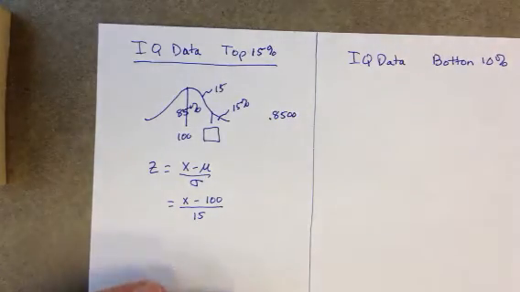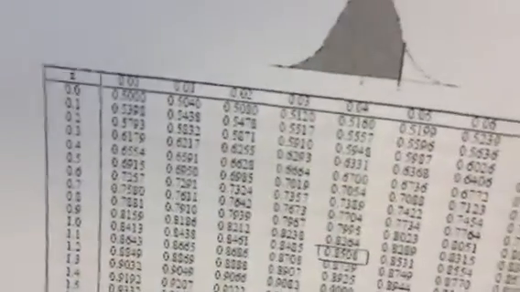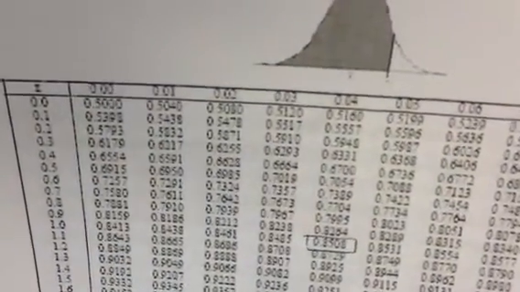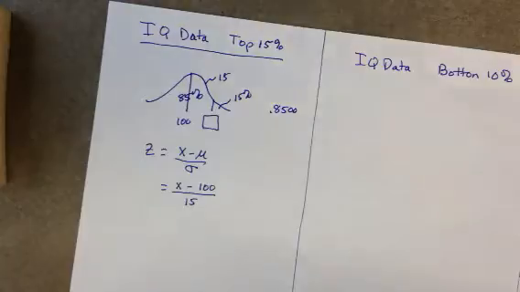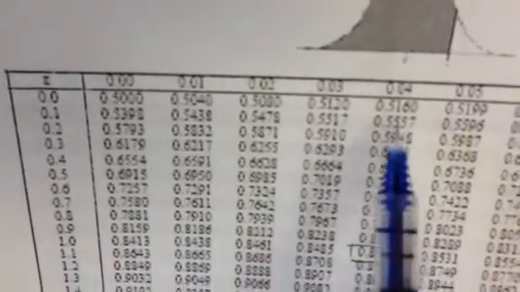0.8500 in the table. We look at the two tables that are available. One goes on the left side of the mean. The other goes on the right side of the mean. Since we're dealing with the top 15%, we're going to use the second chart. We look for 0.85 on this chart, and we find that it is at 1.04 units.